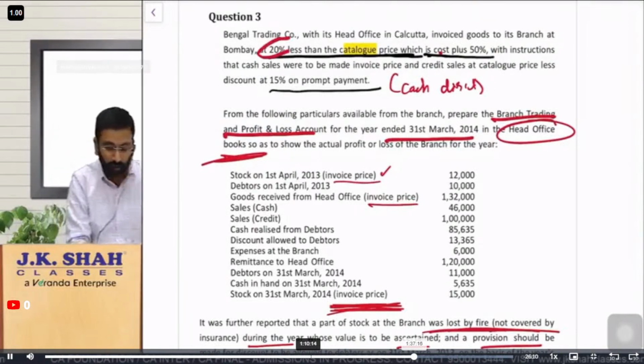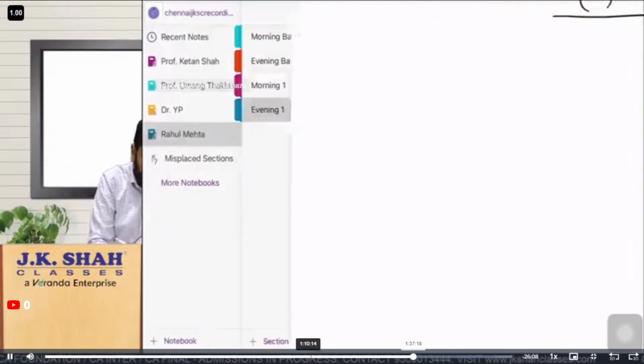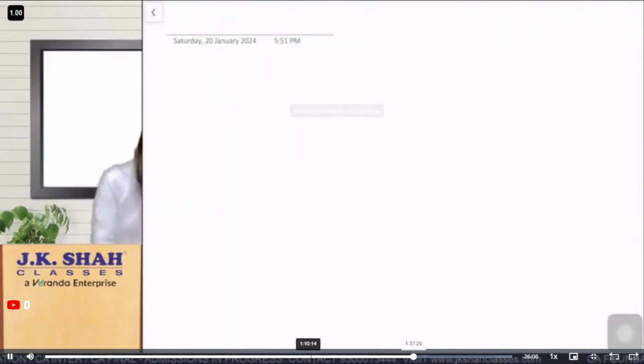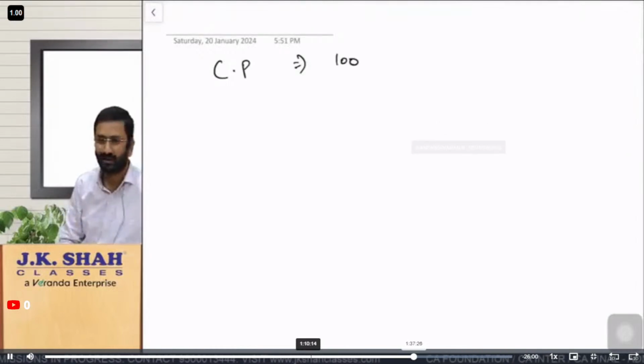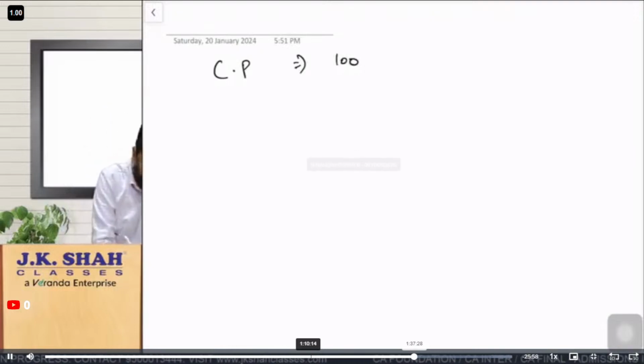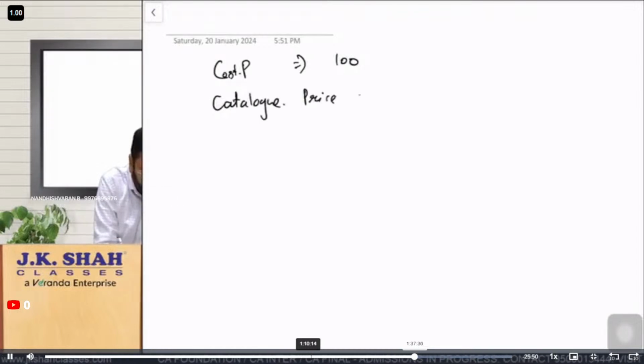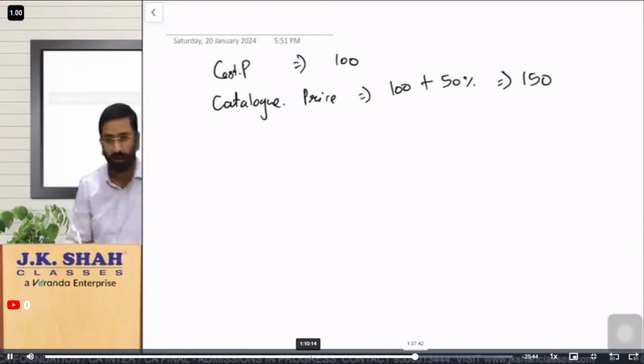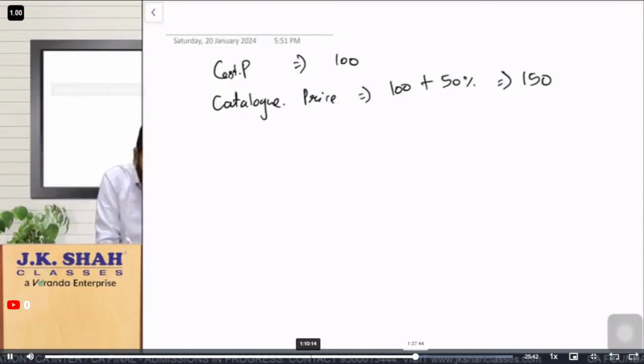So to start this problem, let's take some numbers. I'll assume the cost price to be 100. Don't take X, Y, all that. If cost price is 100, catalog price will be 150. Just make a note. This is catalog, the list price.